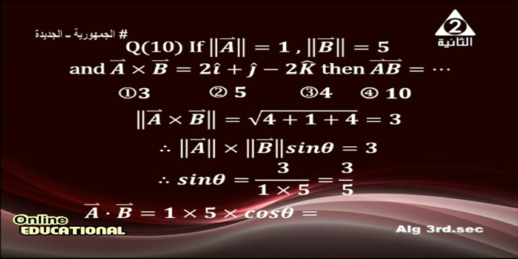We know that the scalar product is norm A, norm B, cosine angle theta, which equals 5 cosine theta, so cosine theta equals 4 over 5, because sine theta equals 3 over 5. A dot B equals 4. Remember, A dot B is what is required, not the cross product. A dot B equals 4.